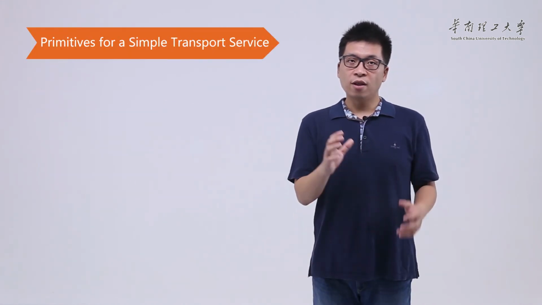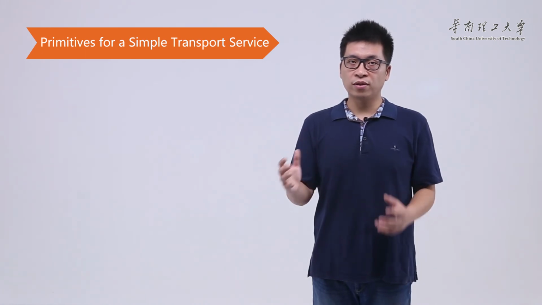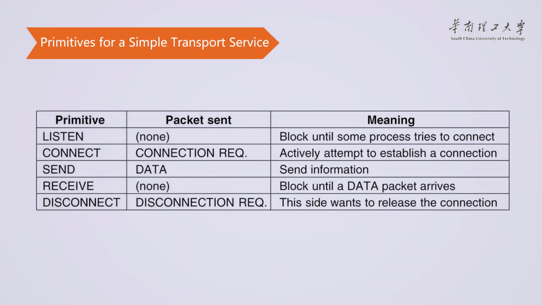There are five primitives provided for a simple transport service. These five primitives include listen, connect, send, receive, and disconnect. A listen primitive blocks the process until some process tries to connect to it.